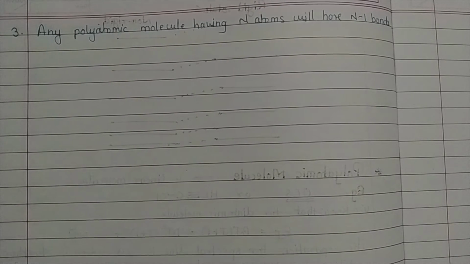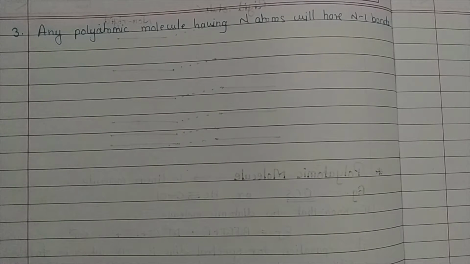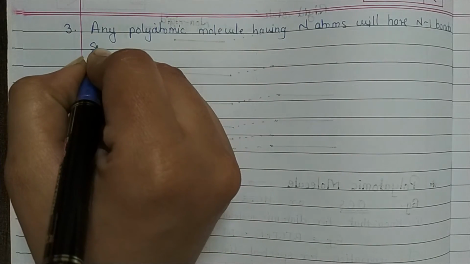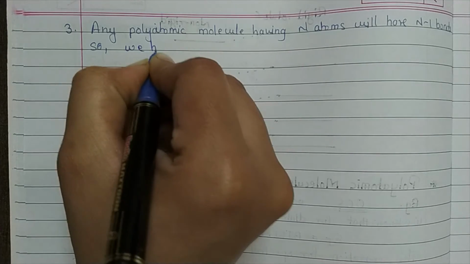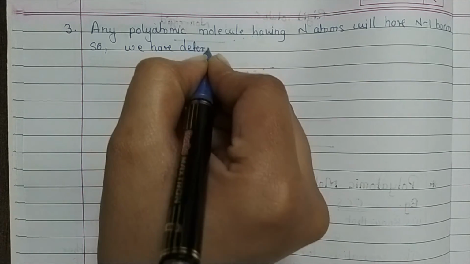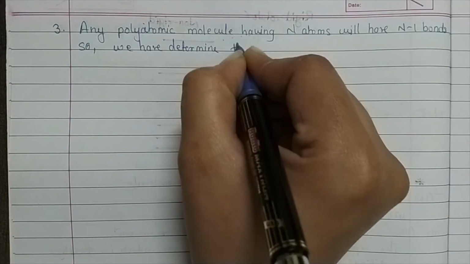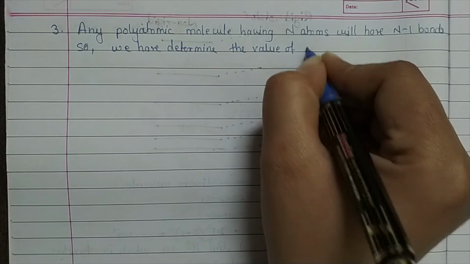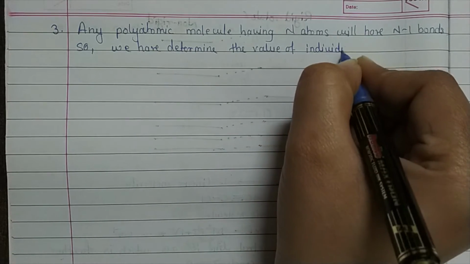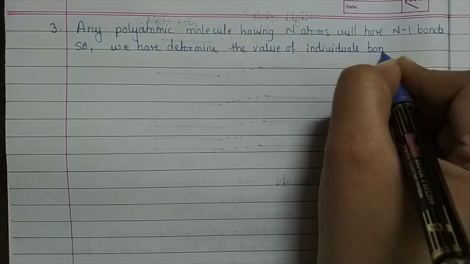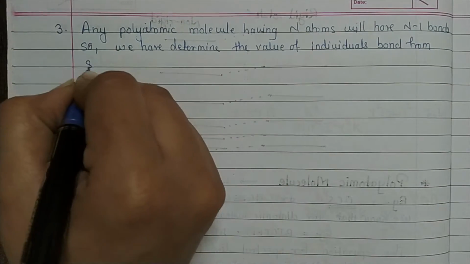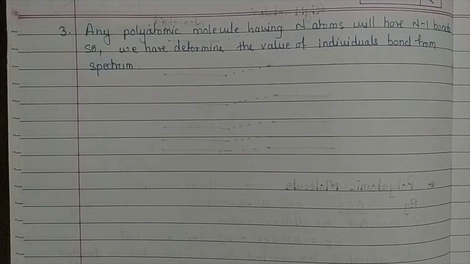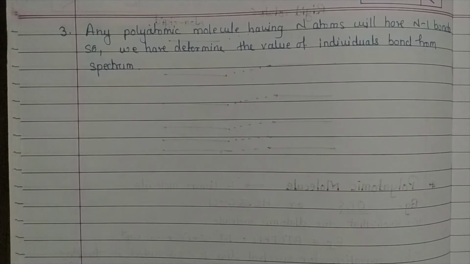So as there are n-1 bonds, we have to determine the value of individual bonds from the spectrum. But as we know, from the spectrum we only get one value of B.